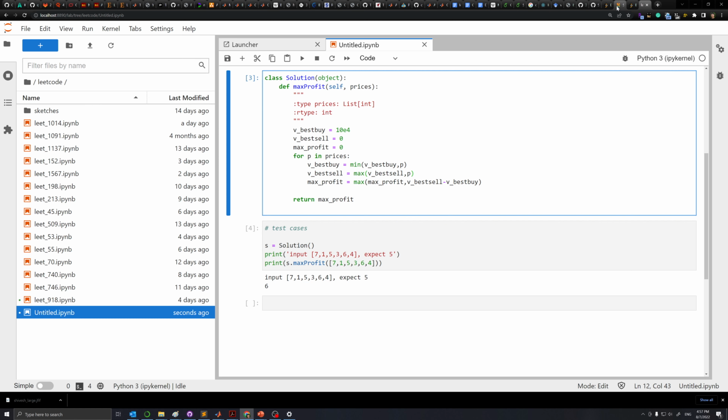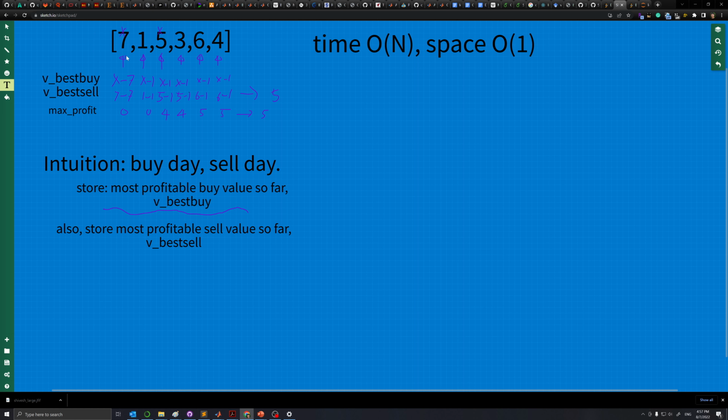But we cannot keep 7 here, because we cannot sell it at that 7 there, because it's got an index that's less than this, right?